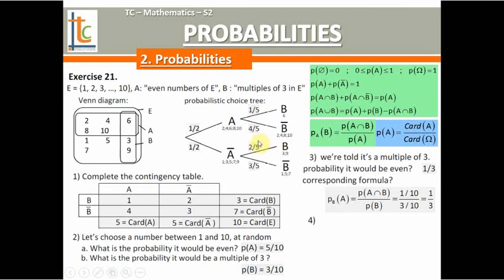So this is not the same, of course. The proportion of elements of B inside A is not the same as the proportion of elements of B outside A. So you've got, by definition, conditional probabilities in the second level of the tree: simple probabilities in the first level, conditional probabilities in the second level.